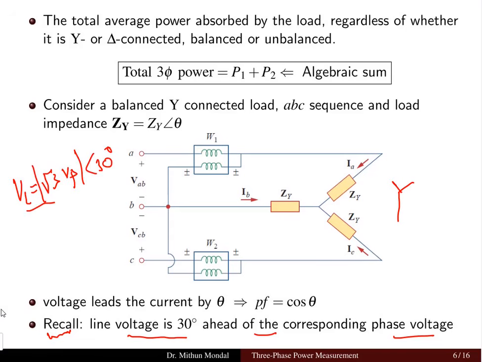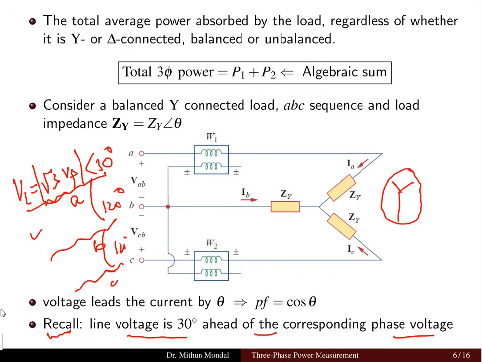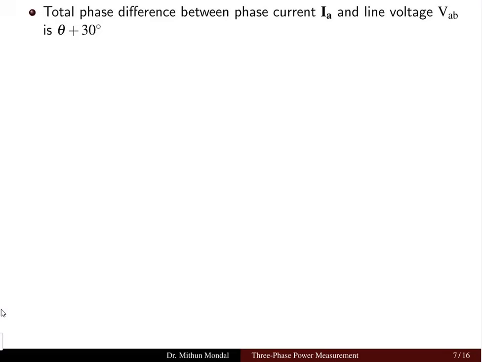If this is for phase A, phase B will only change the angle by 120 degrees, with no change in magnitude, and phase C will change by another 120 degrees between B and C. This concept that we discussed for the star connected system will be useful here. So the total phase difference between the phase current IA, which is the measured current, and the line voltage VAB is 30 plus theta. Theta is the phase angle between voltage and current, and the extra 30 degrees comes because you have to deal with line to phase.